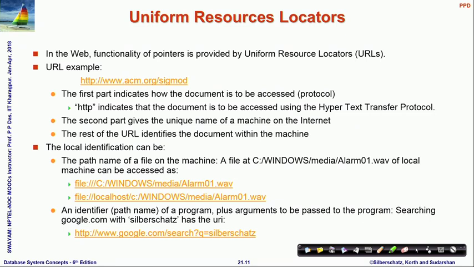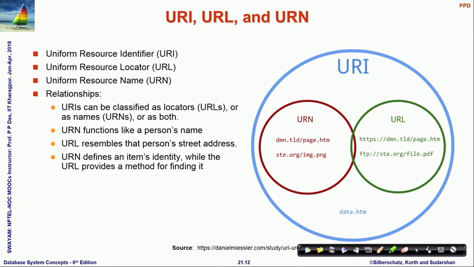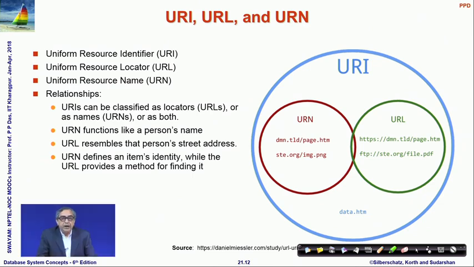The parameter is q equals silver search, which is equivalent to asking google.com to search for contents which have silver search in it. So, this is the basic purpose of the Uniform Resource Locator, or URL. Incidentally, you may have heard the names like URI and URN in addition to URL.